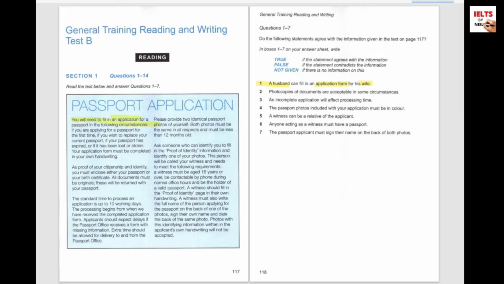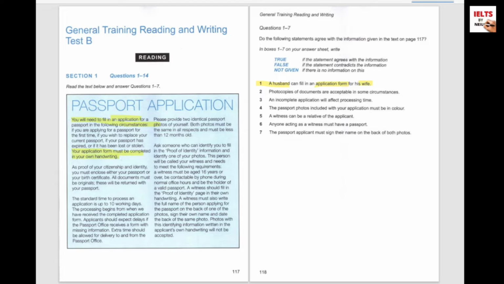Okay, so you will need to fill in an application form for a passport in the following circumstances. If you are applying for a passport for the first time, if you wish to replace your current passport, if your passport has expired, or if it has been lost or stolen. Your application form must be completed in your own handwriting. Alright, there you go.